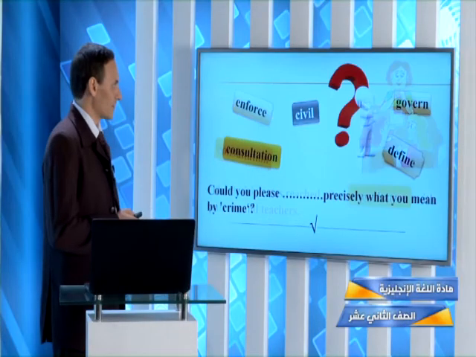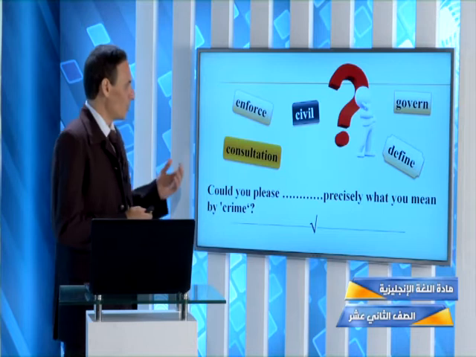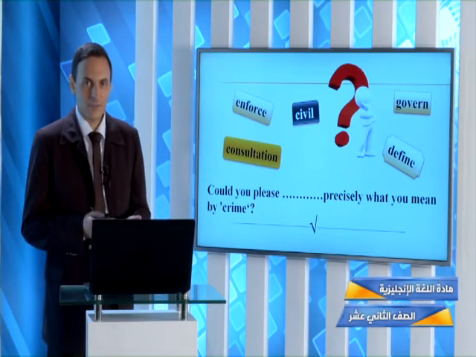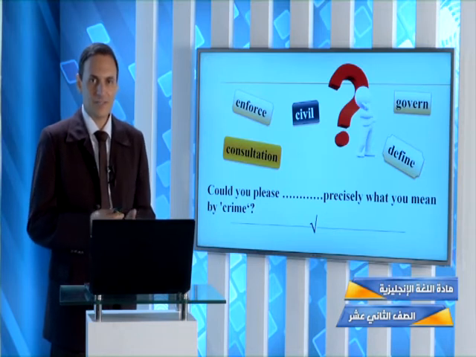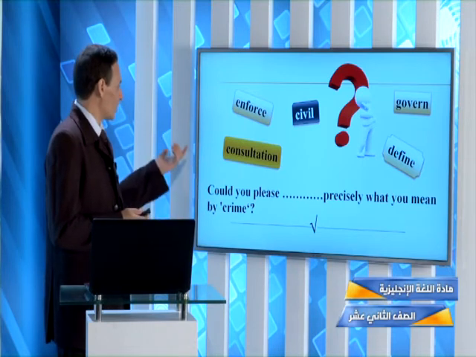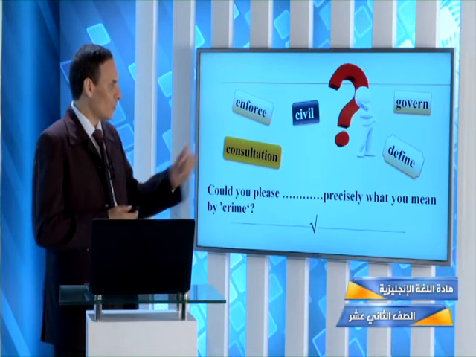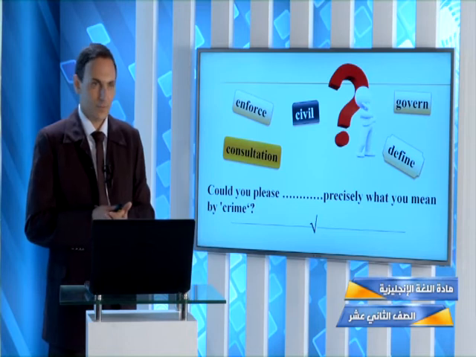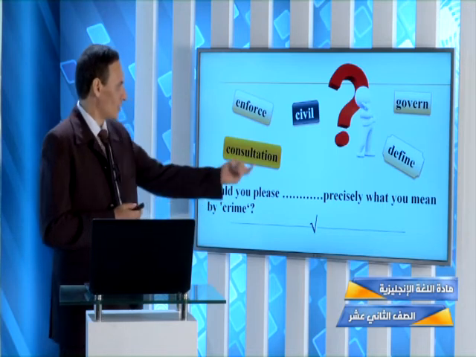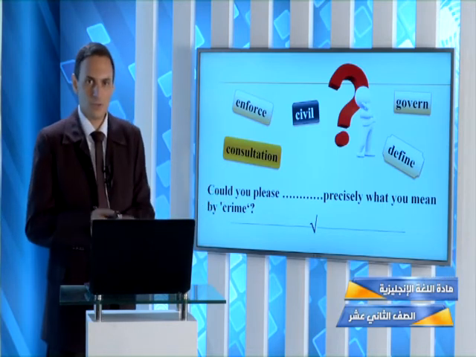Next sentence. Could you please, space, precisely what you mean by crime? In this sentence, the speaker is asking someone to define the word crime. So he says, could you please, and then we need a verb, because we have a modal auxiliary here, could, and so after the could we know that we should use a verb.